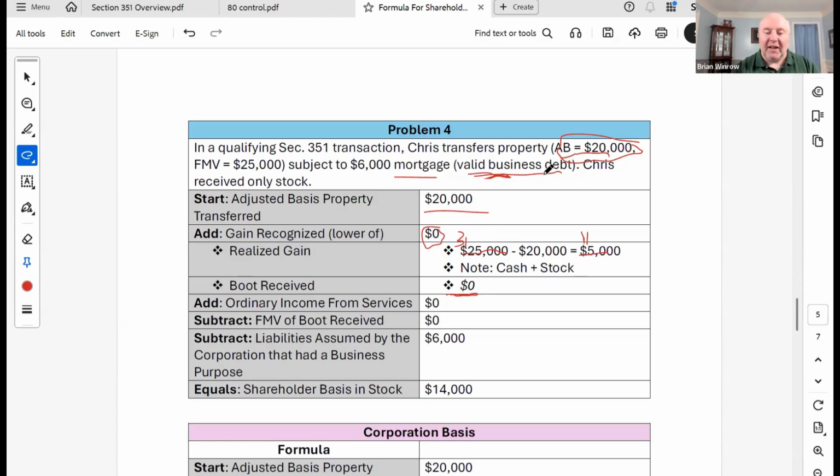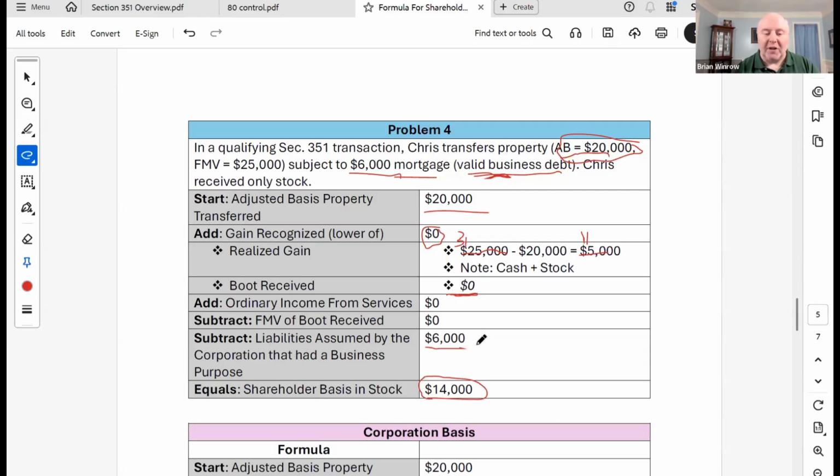But now that $6,000, it wasn't boot, but it is assumed by the corporation that had a business purpose. So subtract the liabilities, assume that it has a business purpose. Right here's that $6,000. So we go 20,000 minus 6 gives us $14,000. Okay, that's going to be our basis in the corporation.